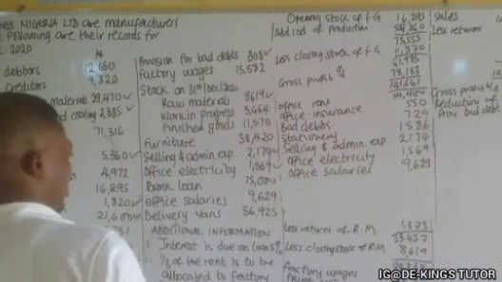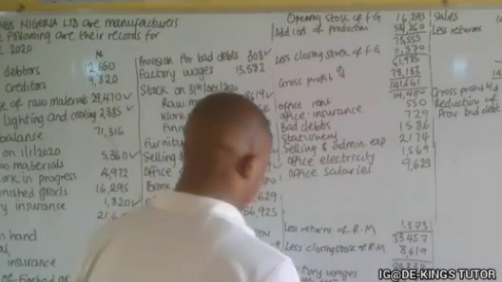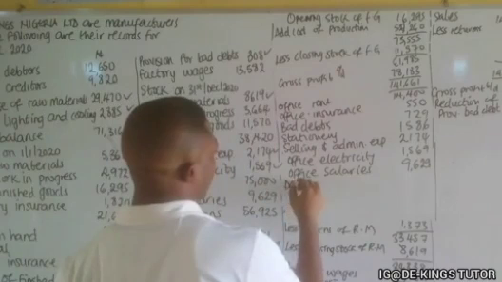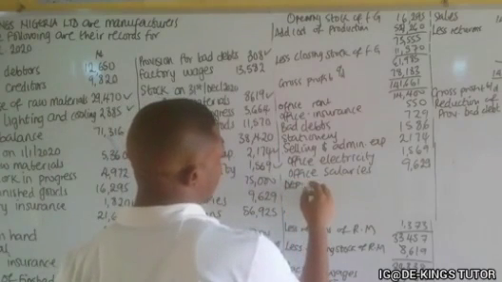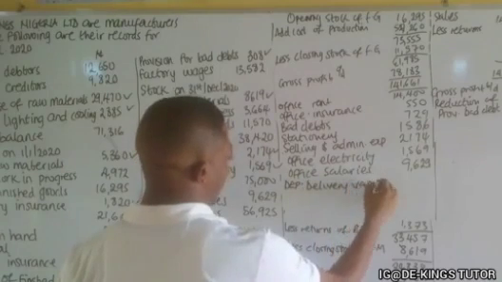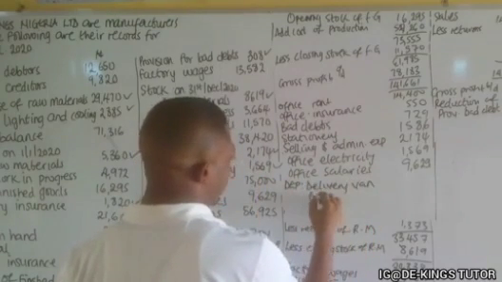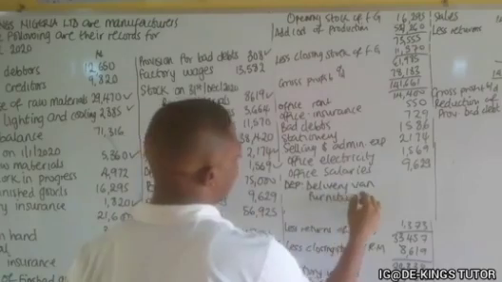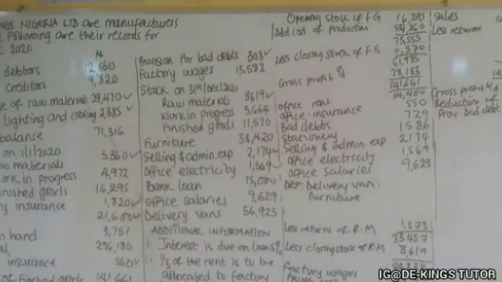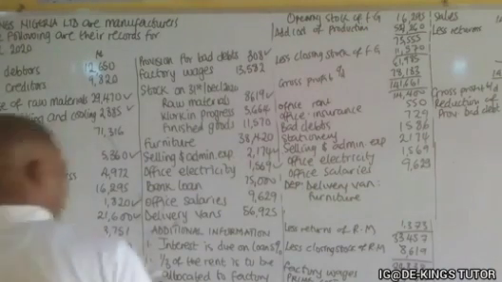Okay. The next one is depreciation. Depreciation for delivery van and for furniture. We did the adjustment. For delivery van, the adjustment is 2846.